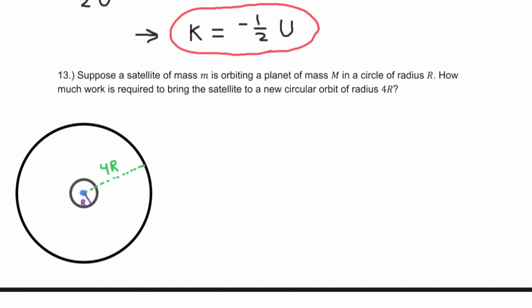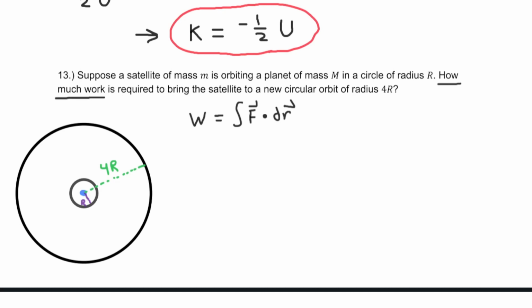So there's a couple ways of doing this. I'll do it the direct approach. So it says how much work. So I will use the direct formula for work. That says work is equal to the integral of F dot dr. And for this, the force required is just going to be opposing the gravitational force.